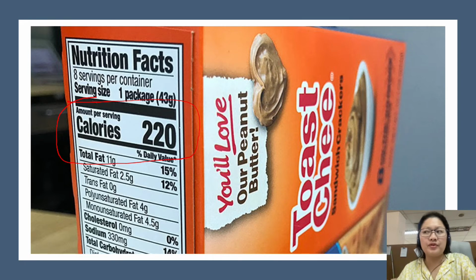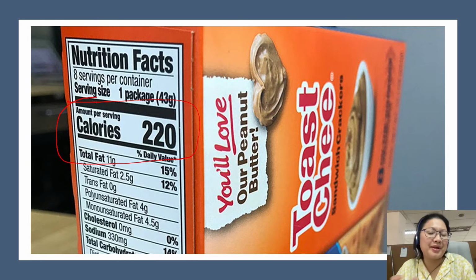Whenever you consume one packet of crackers, you are going to see how many calories, or how many calories in one bowl of rice. So we always think about the calories whenever we want to control our food intake.